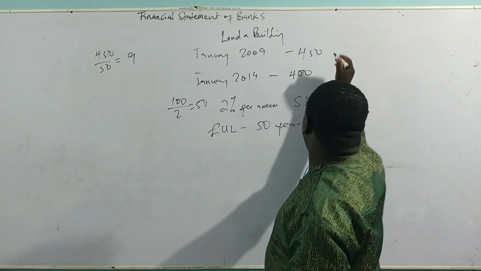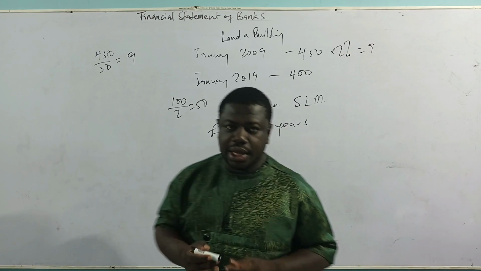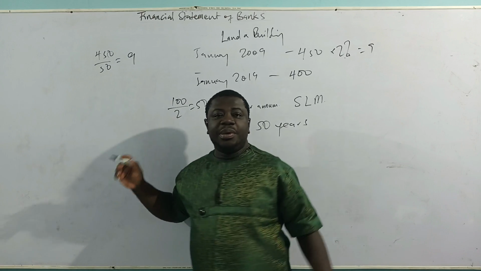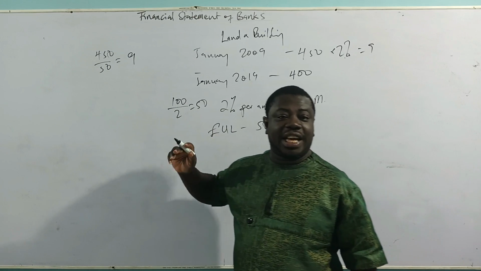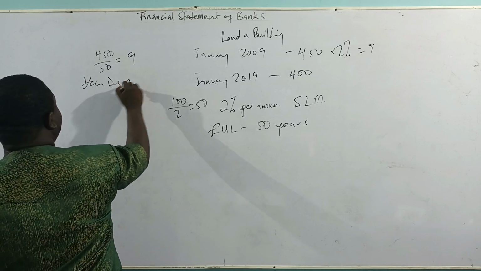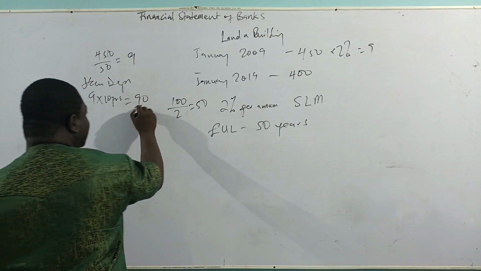You could have just applied 2% on 450 and you still get 9. So if you want the accumulated depreciation for 10 years, it will be 9 times 10 years, and that's going to give us 90 cedis.